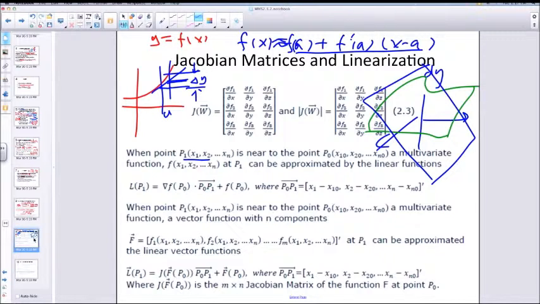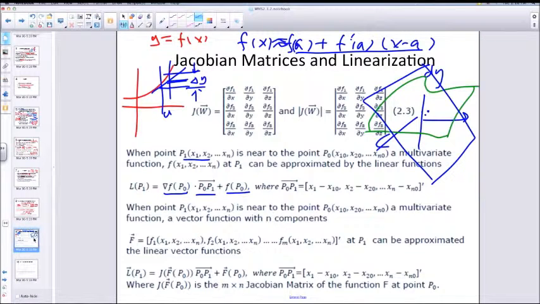So the linearization equals the height at the tangent point, plus the gradient times the deviation, the change. Again, you use the change on the tangent plane to approximate the change on the curved surface. Clear? That has to be very clear.